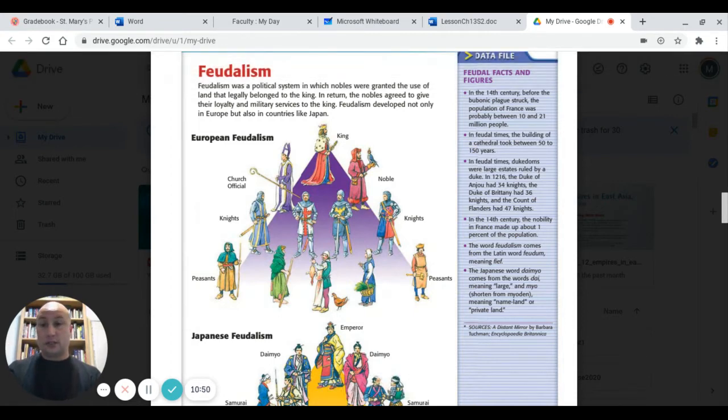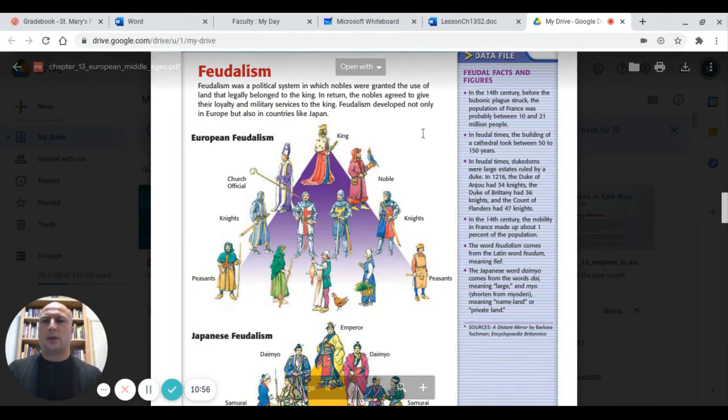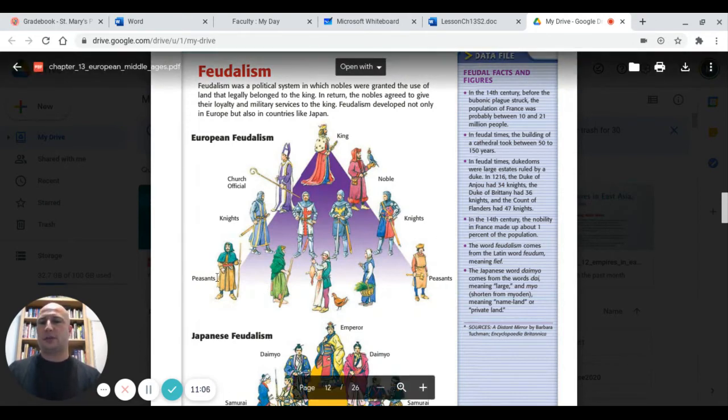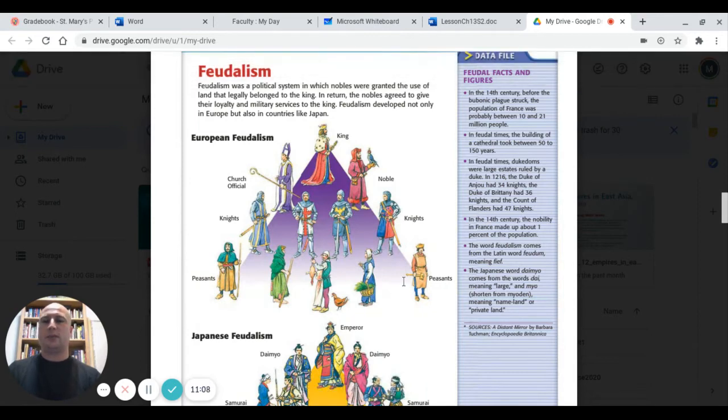Okay, the church gets some land to build monasteries, churches, okay, to grow crops for their priests, and so forth. But the vast majority in the feudal system went to nobles. Nobles then recruit knights. They're the next layer down. And then nobles had peasants that were called serfs that had to stay on their land and work the land. And then knights, when they get land from the nobles, they could also have serfs.